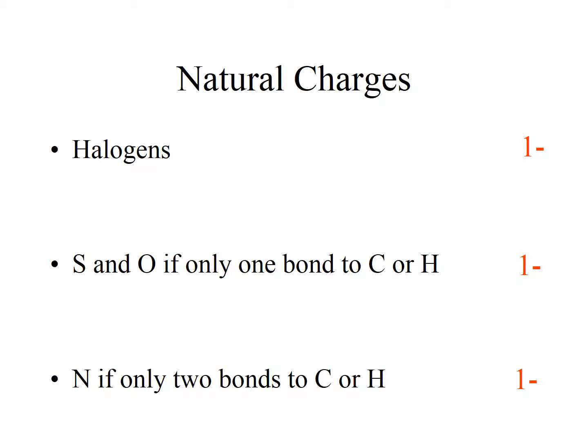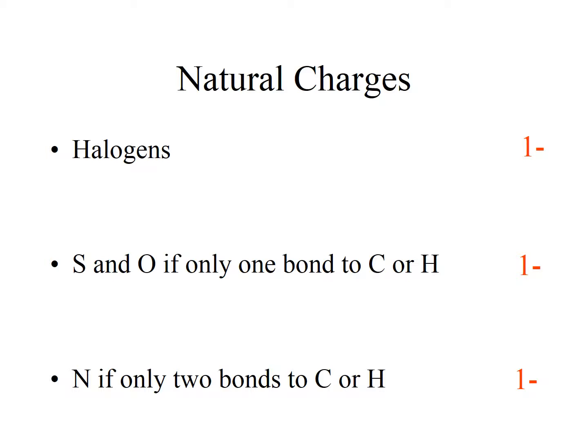The halogens, when they are eliminated from an organic compound, will always have a -1 charge if they're not in a diatomic molecule. So a halogen that comes off of an organic molecule, or is going to react with an organic molecule, and is a single atom will have a -1 charge.